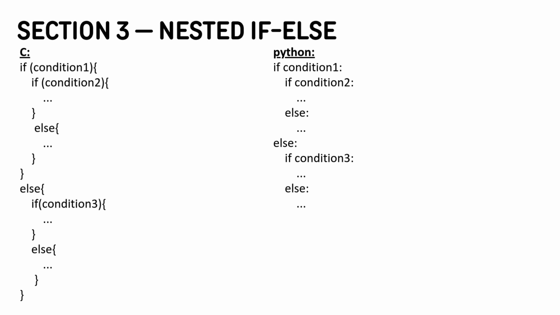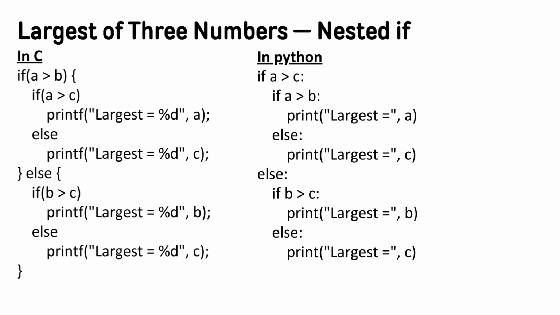Now move to the nested if-else statement. A nested if-else means writing an if-else inside another if-else. This helps when we need to check multiple conditions step by step. Our example is finding the largest of three numbers using nested if-else.